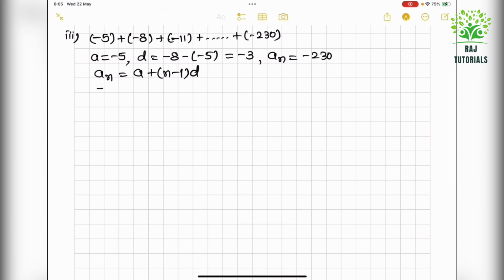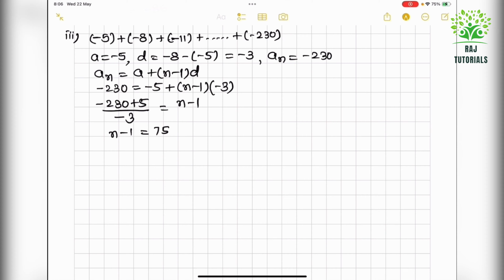So an is minus 230 equal to a is minus 5 plus n minus 1 into d is minus 3. So I can say minus 230 plus 5 by minus 3 will be equal to n minus 1. So n minus 1 is coming to 75. So n will be 76.